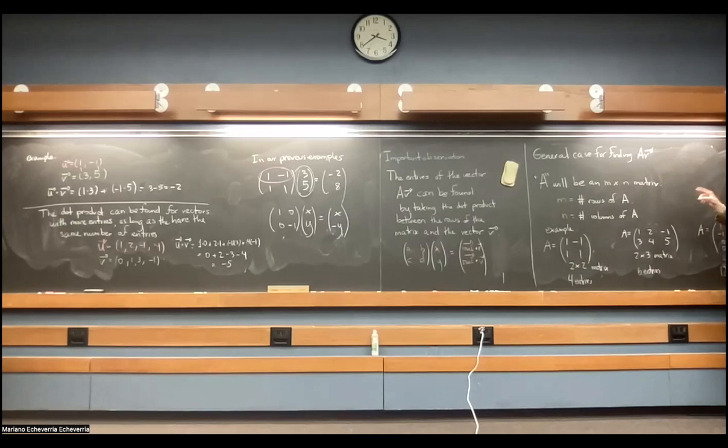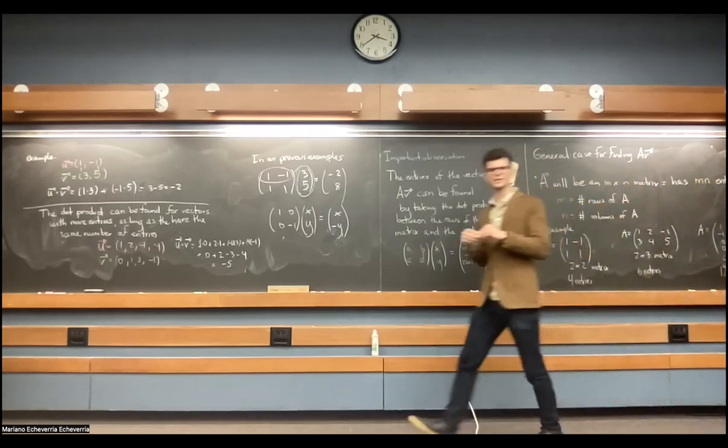So an m times n matrix has m times n entries. Is that okay? Is that making sense?